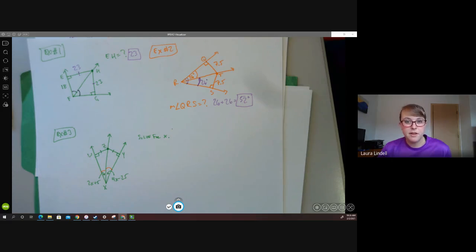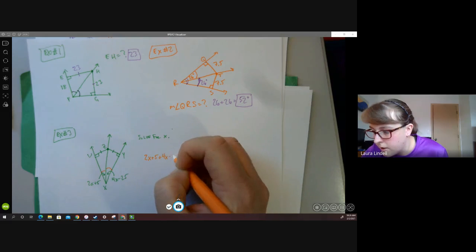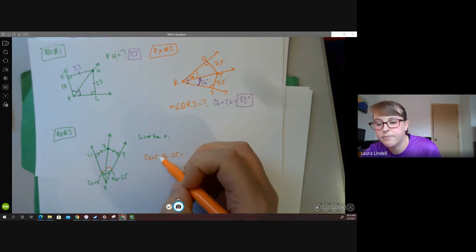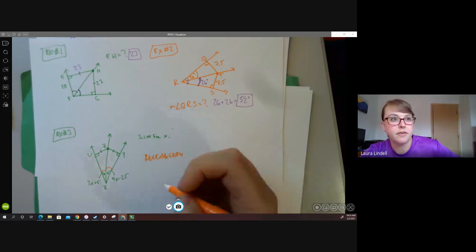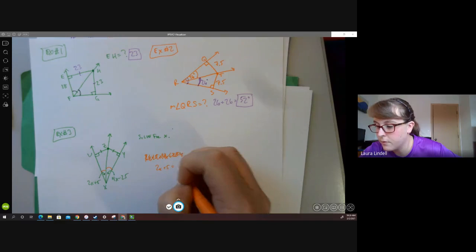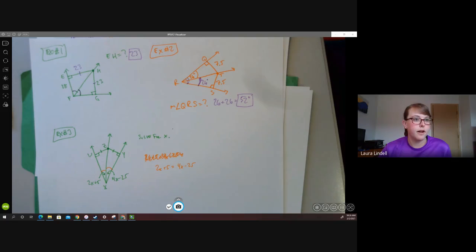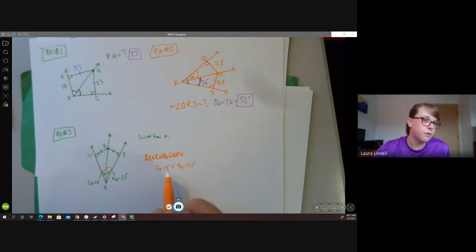Again, when in doubt for this unit, set things equal. 2x plus 5 equals 4x minus 25. So, since these two angles are equal, since this is an angle bisector, we set them equal. And then we solve for x, and then we should be good to go.